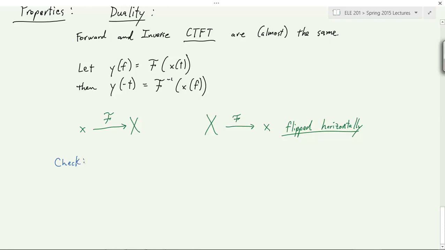And here's how you check any of these Fourier transform properties. Let's introduce a new name for a signal.